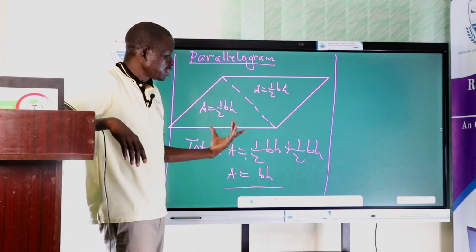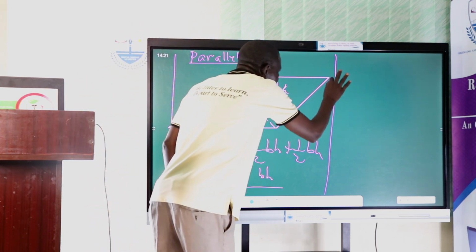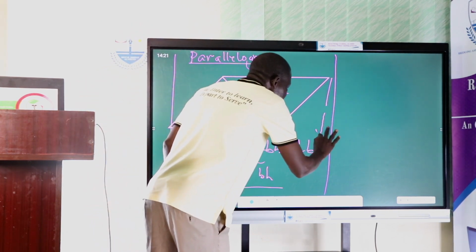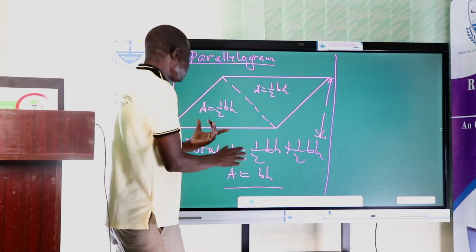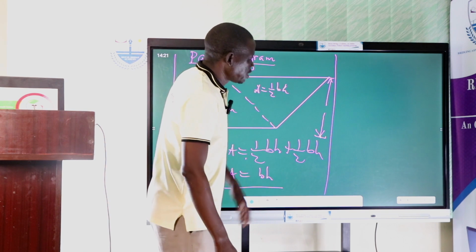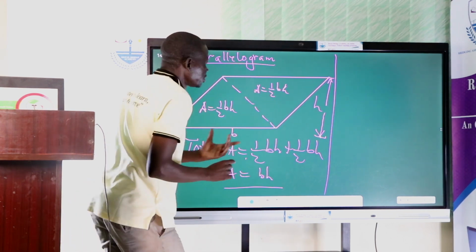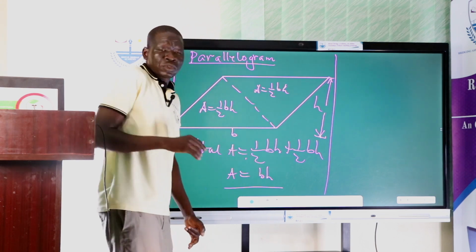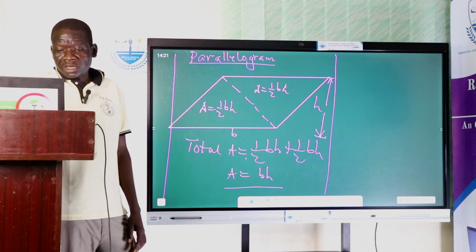We only get the base, then multiply by the height given. So if this is the height from here up to here, just get the base, multiply it by the what? By the height. This is the base and this is the height. That gives you the area of the parallelogram.